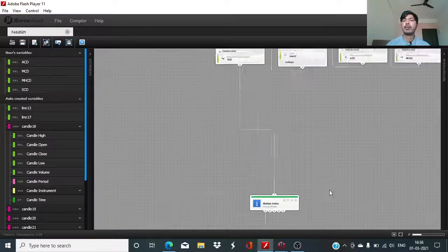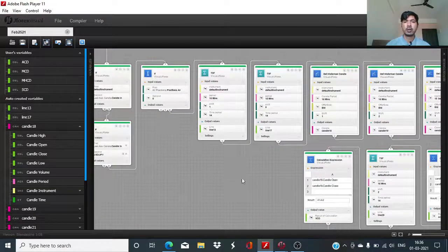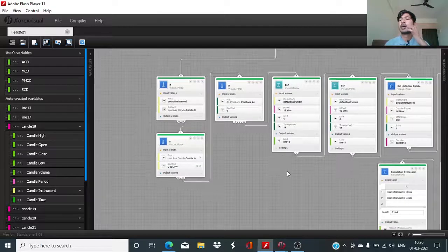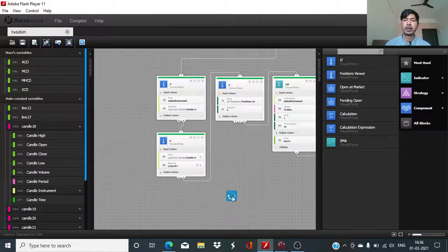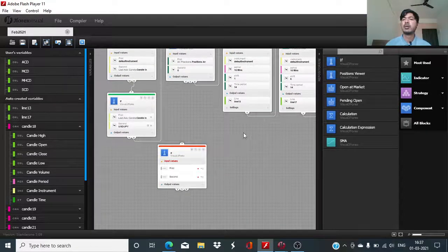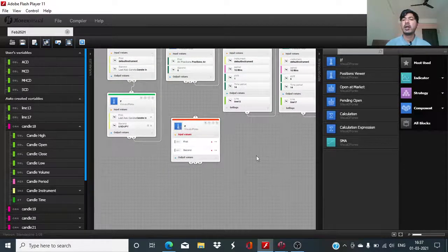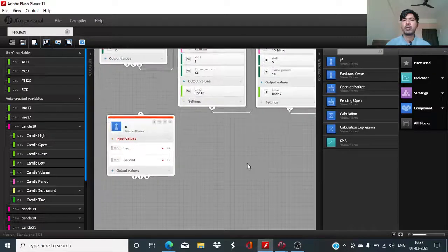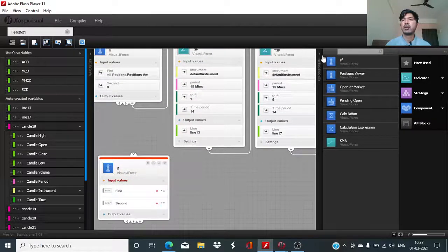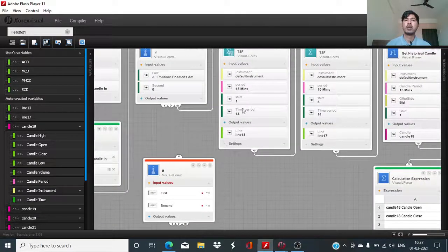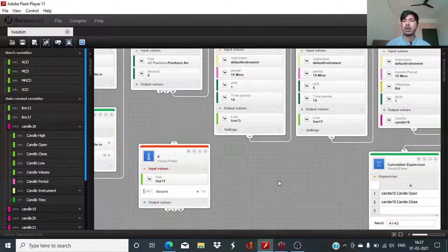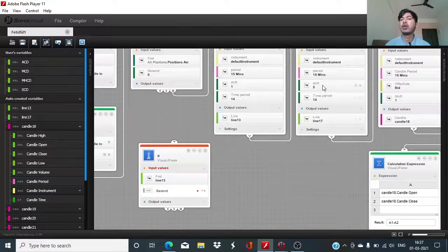Now I will use an if else block. We need the TSF values to be in decline. So the immediate TSF value, line 13, needs to be lower than the TSF value with the loopback period of 5.